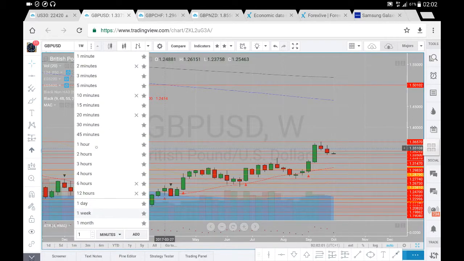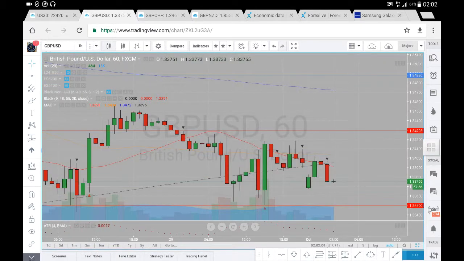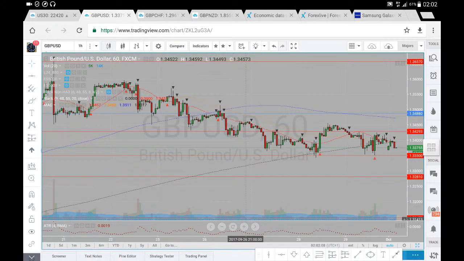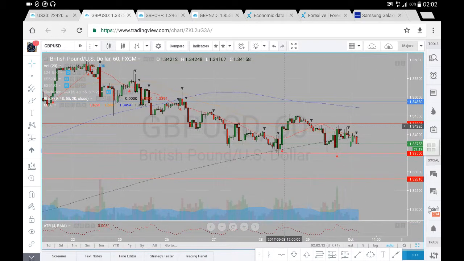So if I go down to the execution time frame, the hourly charts, at the moment it looks a bit messy, but thanks to the levels being marked in, I have a better idea of where prices are likely to head. Similar to the previous week, and similar to euro dollar, we've gapped down at the start.